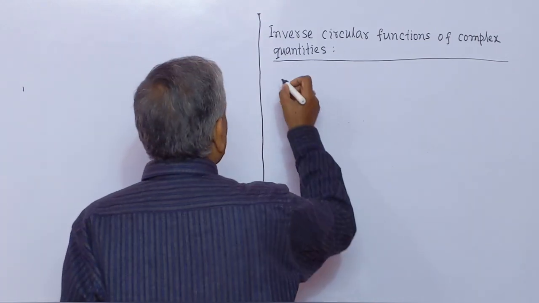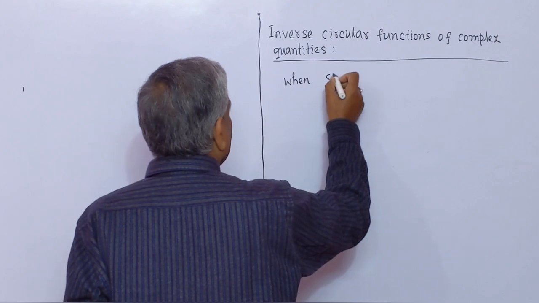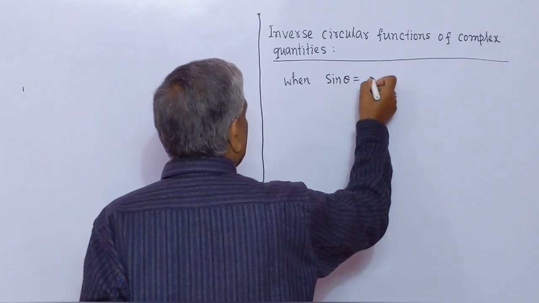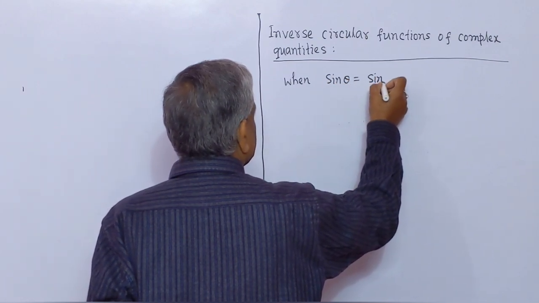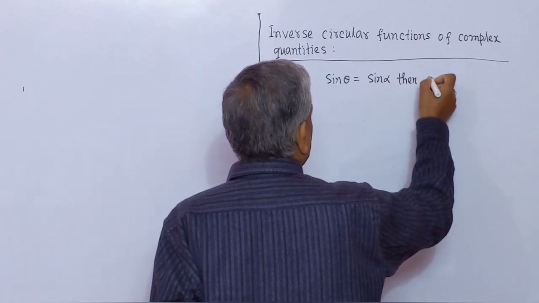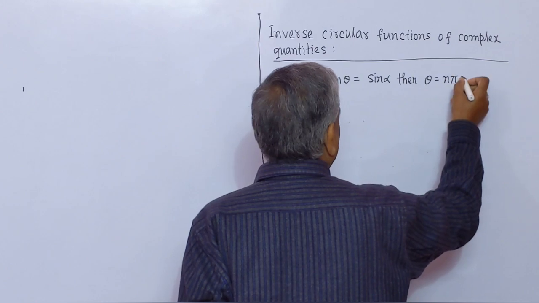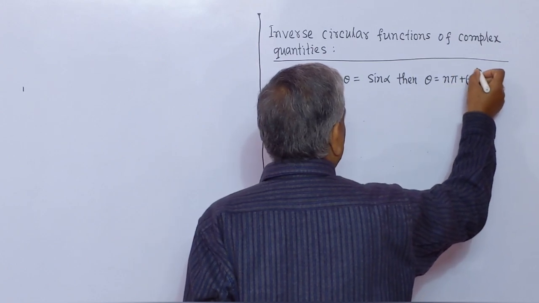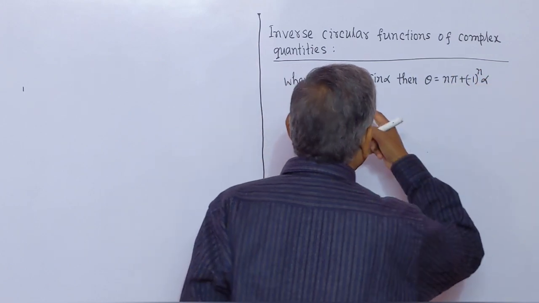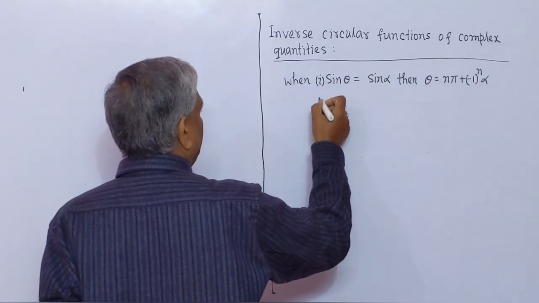That is, when sin theta equals sin alpha, then theta equals n pi plus minus 1 to the power n alpha. We know this from trigonometry. Number 1. Number 2.